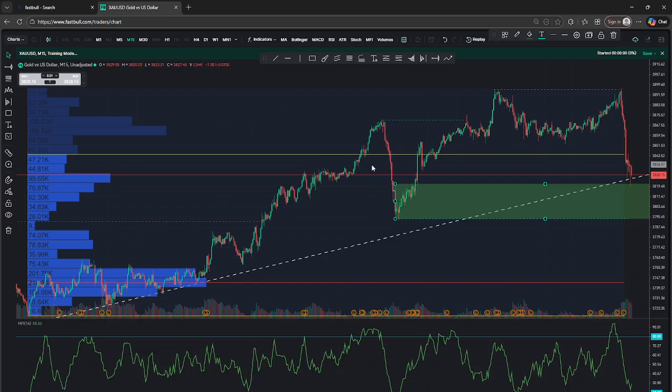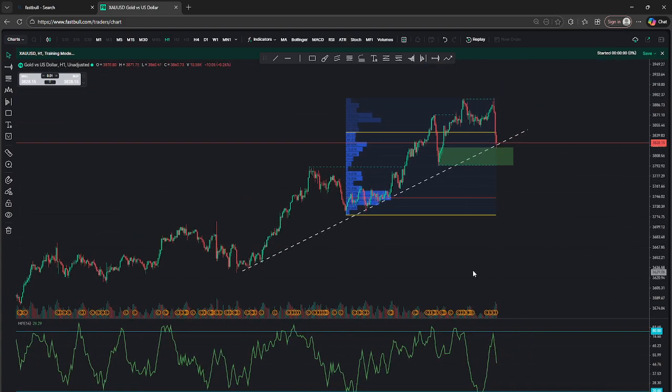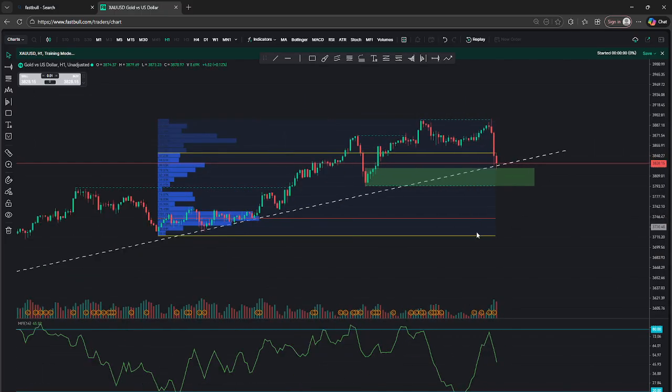So we had this other structure in 15 minutes. So we had 1, 2, failed another one structure. So let's see if this trend will be broken or if it will hold.